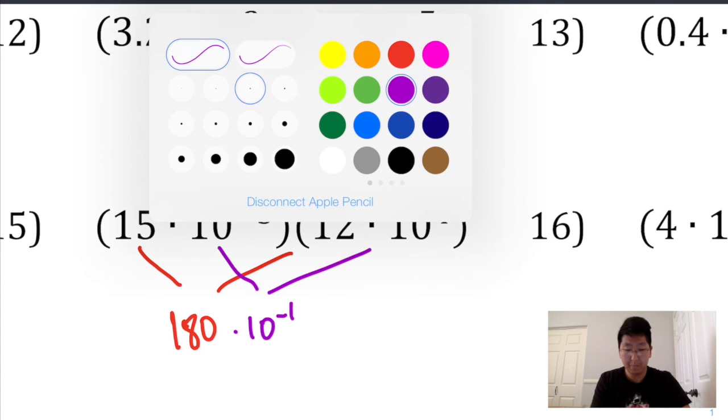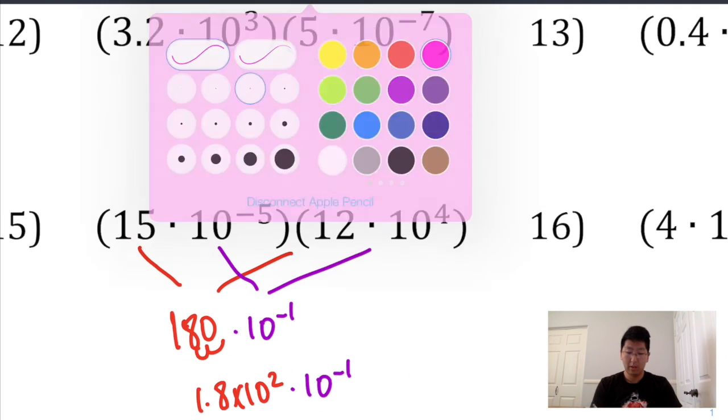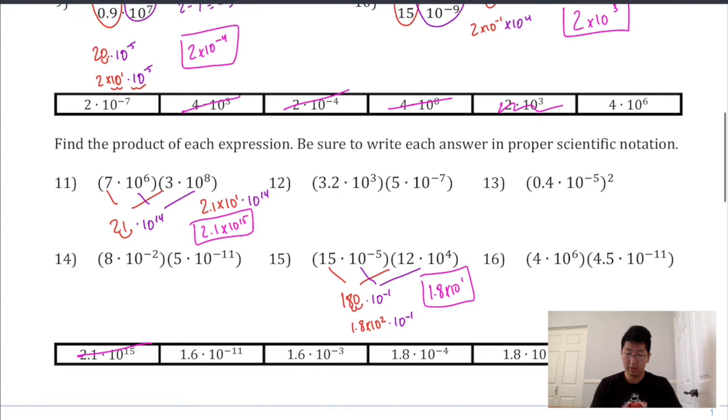All right. 180, going to move the decimal point over 2 times. 1.8 times 10 to the 2nd power times 10 to the negative 1st. And we get a total answer of 1.8 times 10 to the 1st power. Okay.